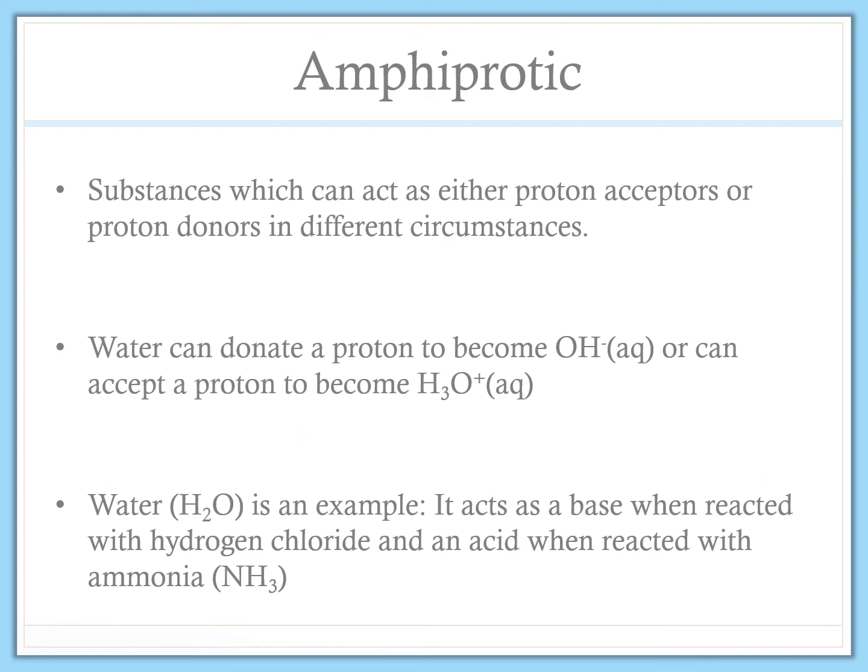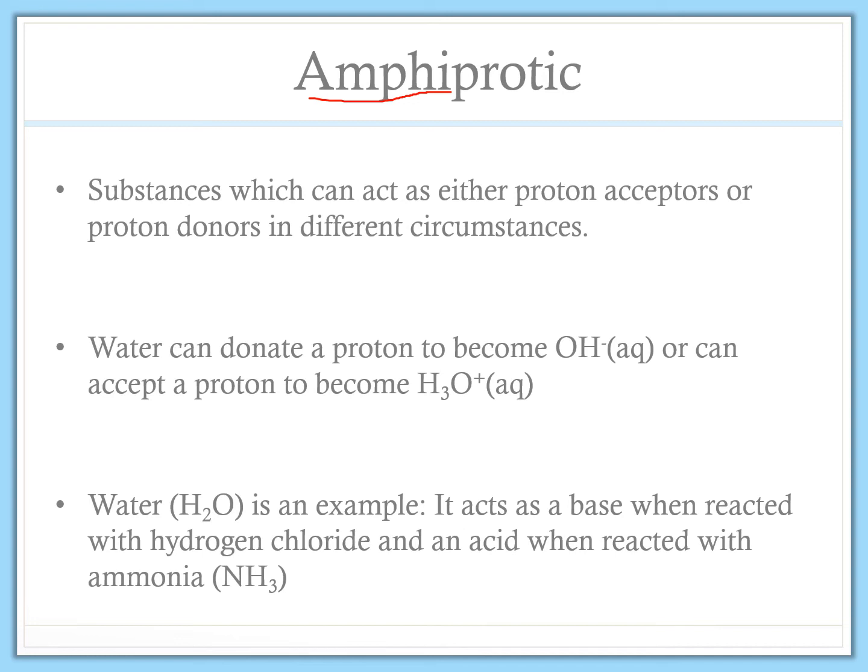And you may have noticed in the previous slide that water was acting like an acid and a base. That's because water is something that is called amphiprotic. It can act like an acid or it can act like a base depending on the circumstances. Amphi is a Greek word meaning kind of both. If you think of amphibians that can live on land or in water, water is amphiprotic, like an amphibian.